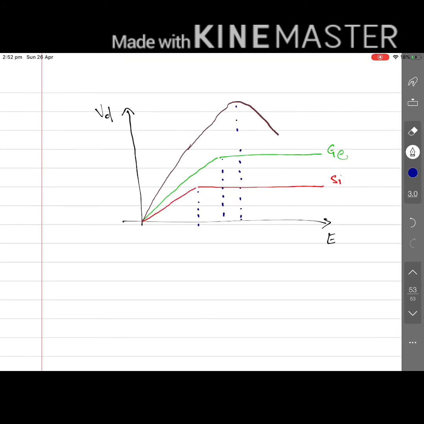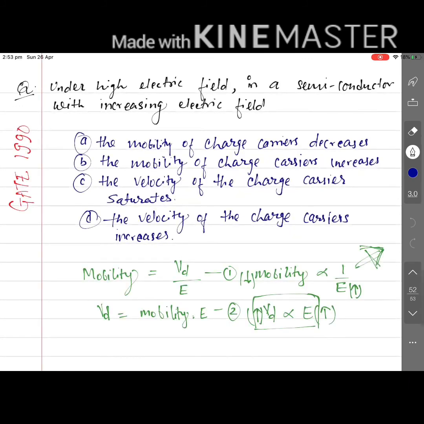So we also concluded that as electric field increases, at a certain point the drift velocity also increases linearly, but when it reaches this point, after that it gets saturated. So we concluded the second point, which is as we increase the electric field, the drift velocity saturates.